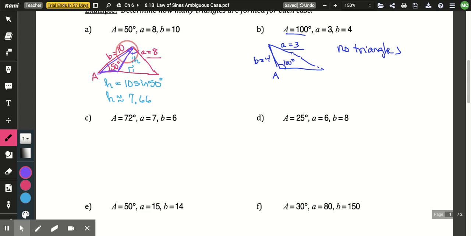So I've got this little interesting, very obtuse looking triangle here. So that's a second triangle. So this case here, where the side that's across from my angle is actually longer than the height, makes two triangles. So this is a case with two triangles.